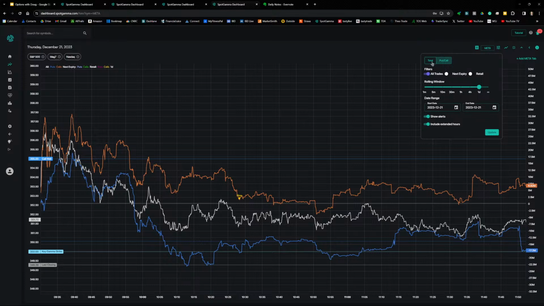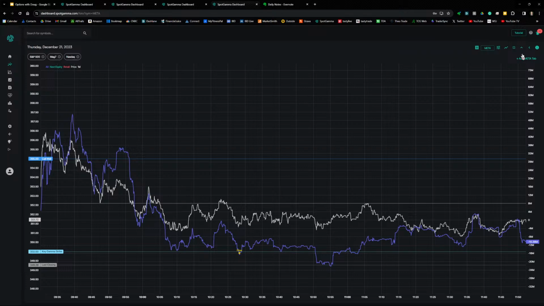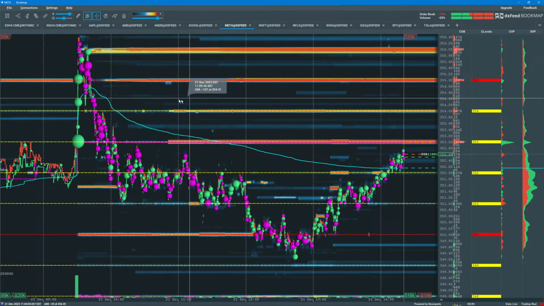Not a lot really, taking a look at the total signal. It is choppy. A little bit hard to read in real time, so that's why I look at Hero and Bookmap at the same time. Here the order flow is pretty clear.